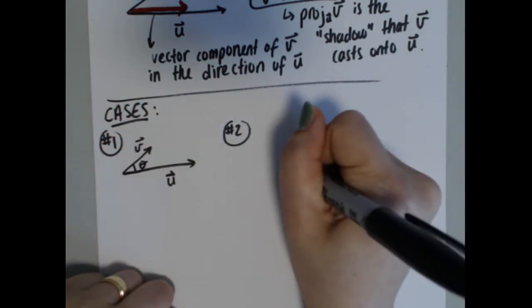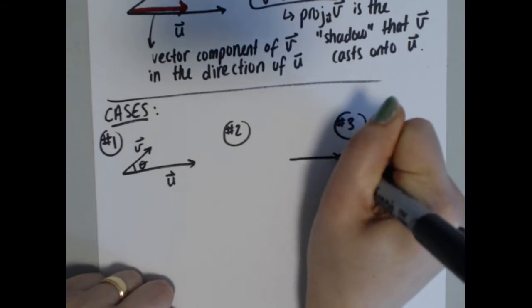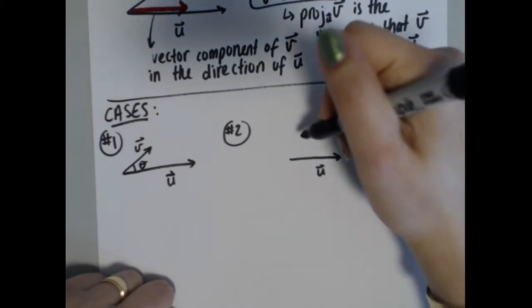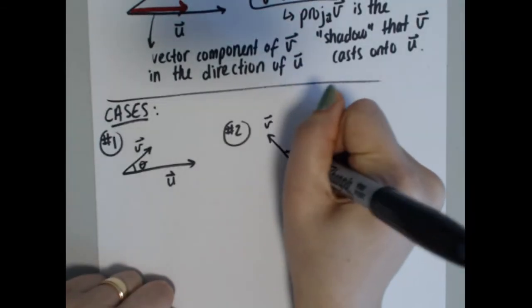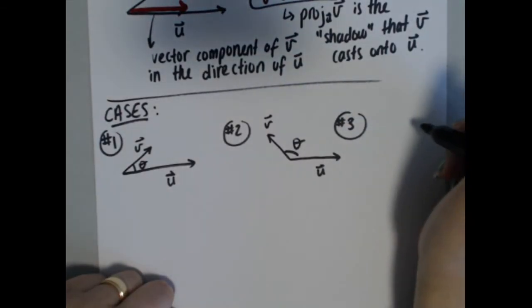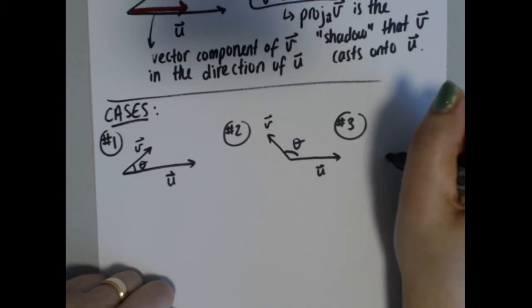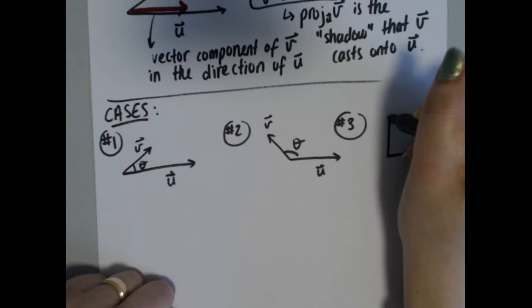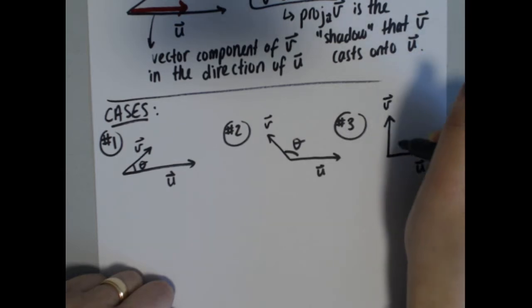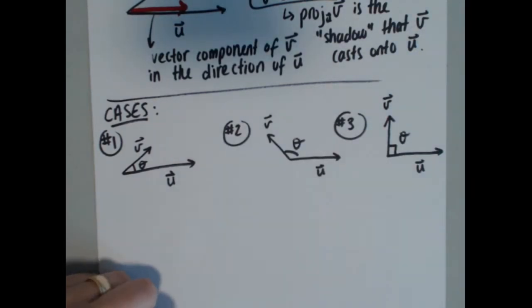In case number 2, we have u still going towards the right. This time we have vector v up at some angle, and this angle is no longer acute. In the third instance, we have vector u still going to the right, and this time v is at a 90-degree angle. We're going to look at all 3 of these cases.